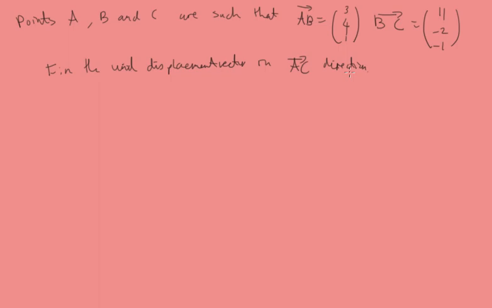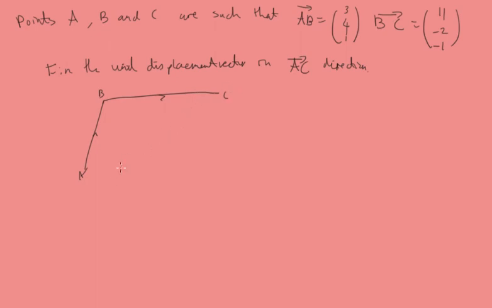So we have AB, oops, that's a rubbish line. A, B, B, C. I was meant to slope down a bit, but it didn't work very well.